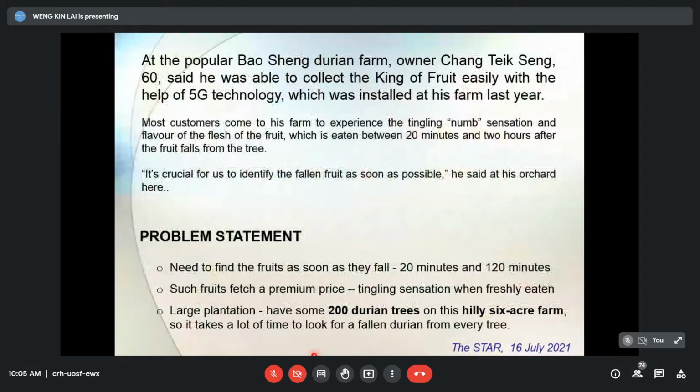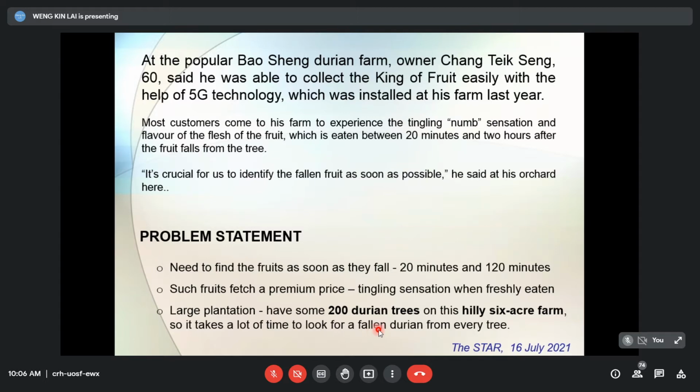So it takes a lot of time to look for a fallen durian from every tree. 200 trees, how can you find the durians? I understand that nowadays they put a fishing net underneath the tree so that the durian will not fall onto the ground. So we can still see them and the durians will not be injured.